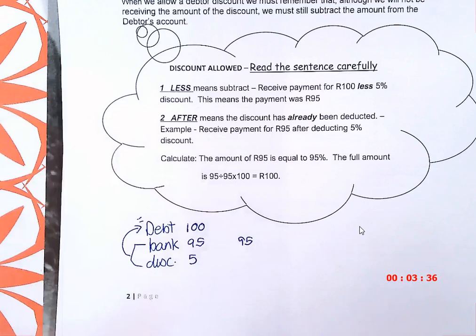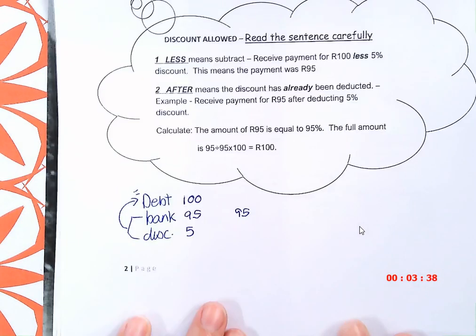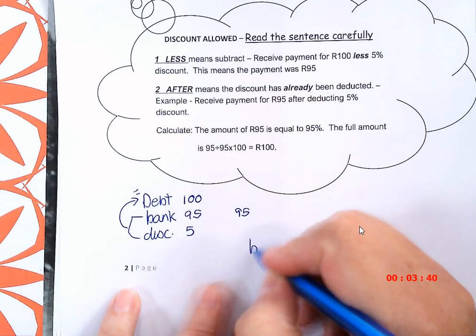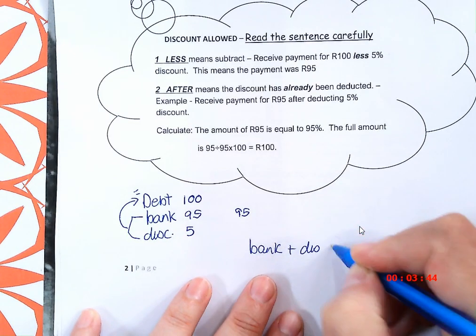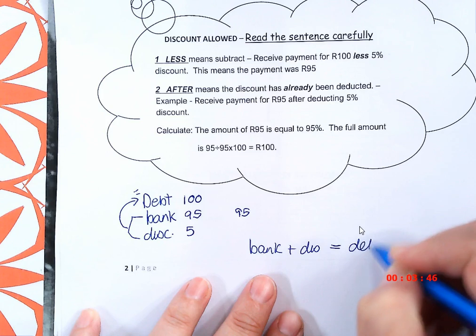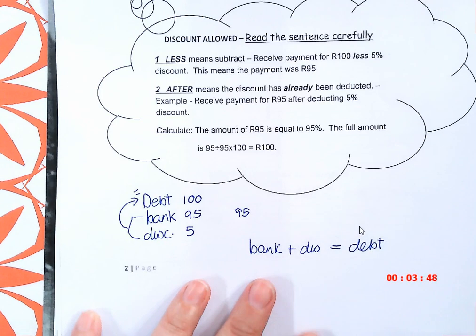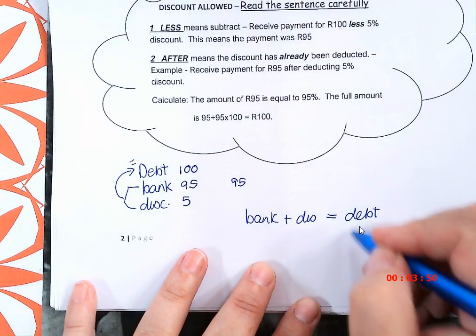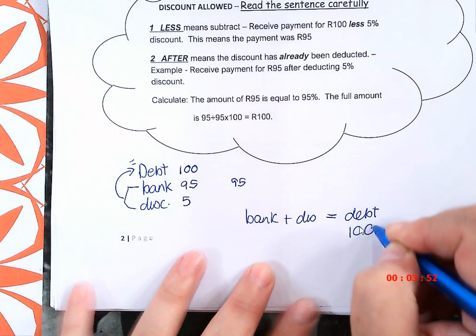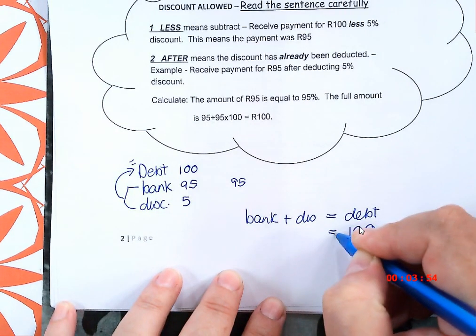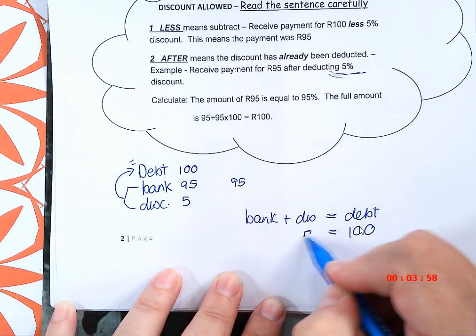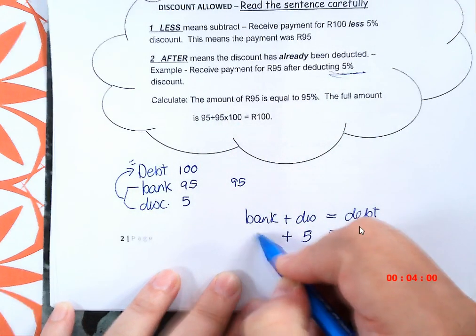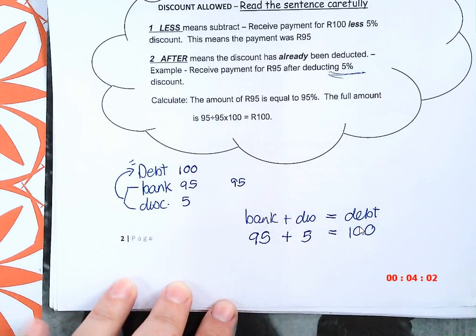Okay, so now let's quickly have a look. So in other words, what he pays me and what I give him as discount is going to give me his debt. You agree with me that his debt is 100%. And they say the discount is 5%. Meaning he pays me 95%.